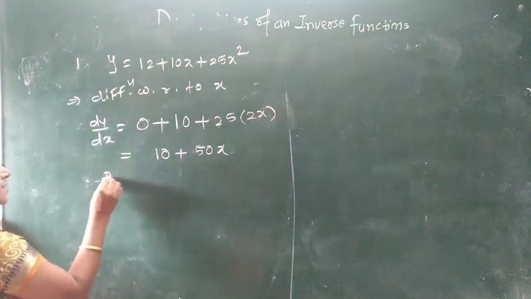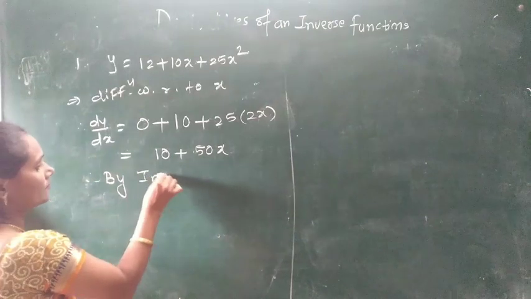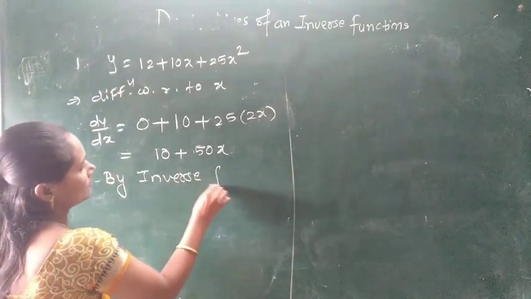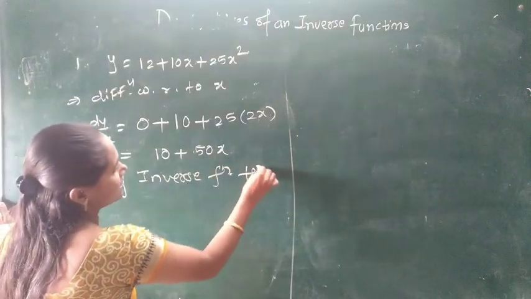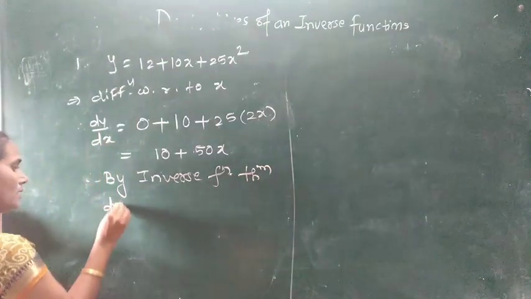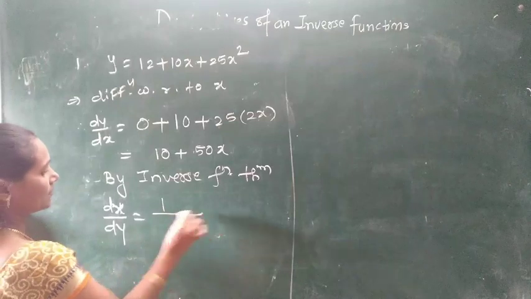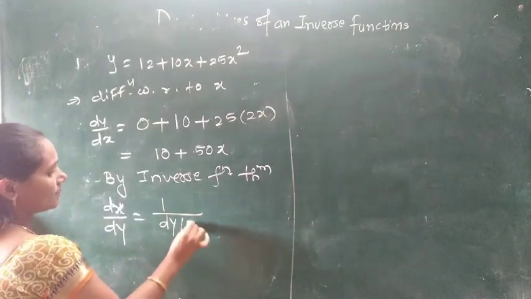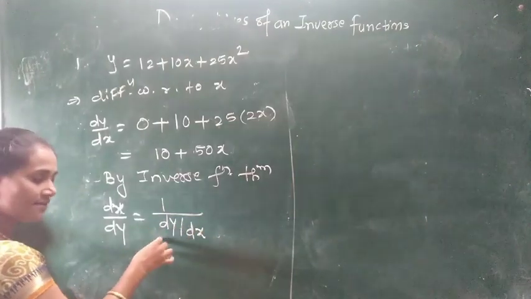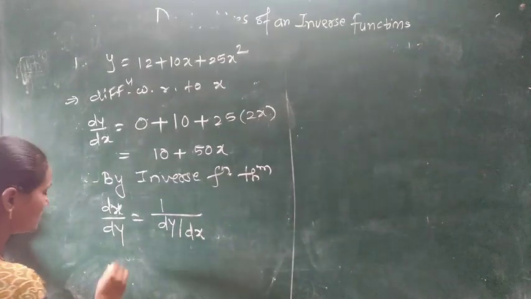Therefore, by inverse function theorem, dx upon dy is equal to 1 upon dy upon dx, such that this dy upon dx is not equal to 0.